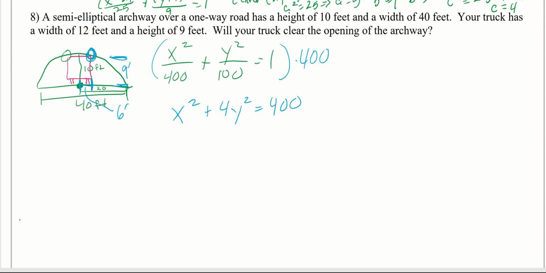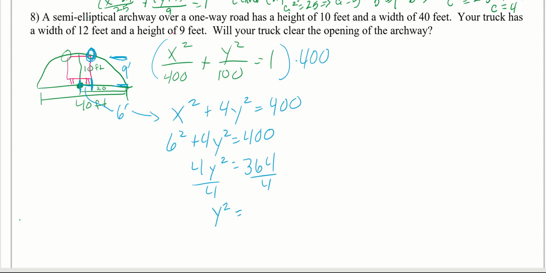So now I know my x value that I'm trying to look for, so I'm going to plug it in. So 6 squared plus 4y squared is equal to 400. So that's 36. If I subtract 36 over, that's going to give me 364. Now divide by 4. So y squared is equal to, what's that, a 9 and a 1?